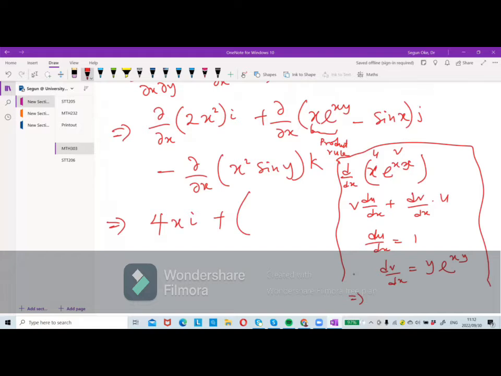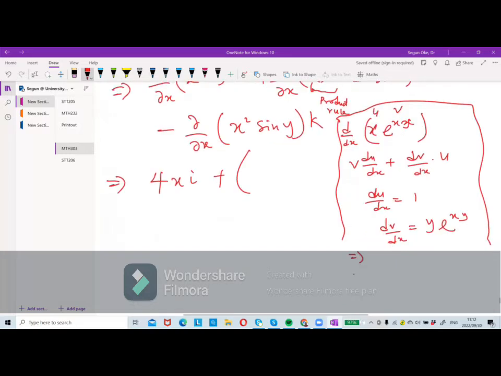So I substitute into this equation. What is my v? My v is exponential xy. What is my du? 1. Plus u is what? x. What is my dv/dx? y exponential xy.